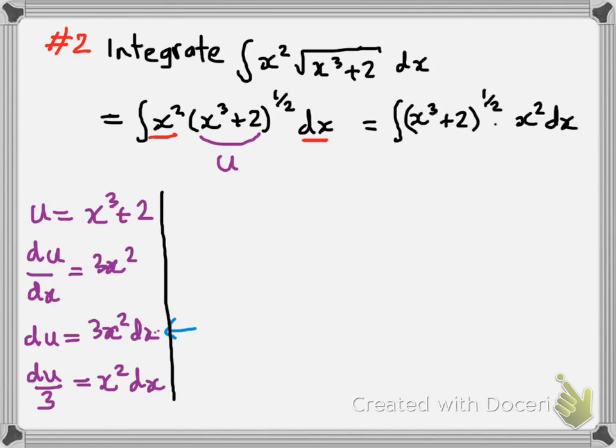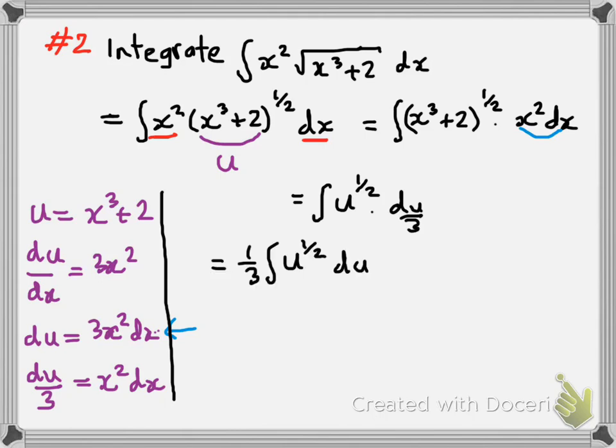Once we rewrite, we have (x cubed plus 2) to the power half times x squared dx, right? Which is your du over 3. This one that you have in here is du over 3. Okay, so if we do that, the integral will become the integral of u to the power half times du over 3, which will lead us to 1/3 times the integral of u to the power 1/2 du.